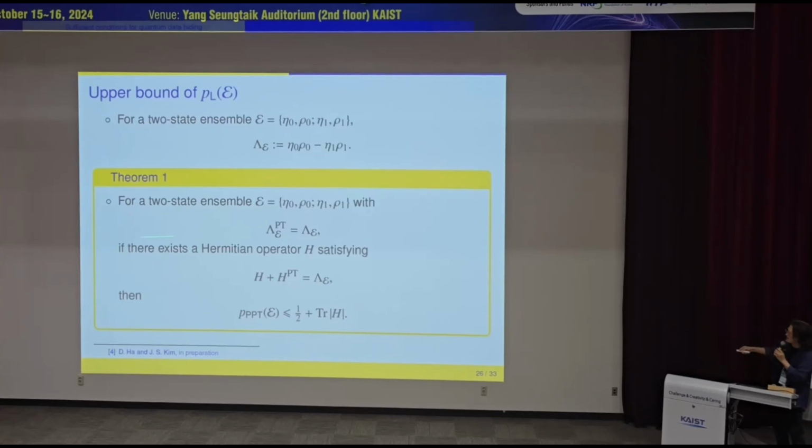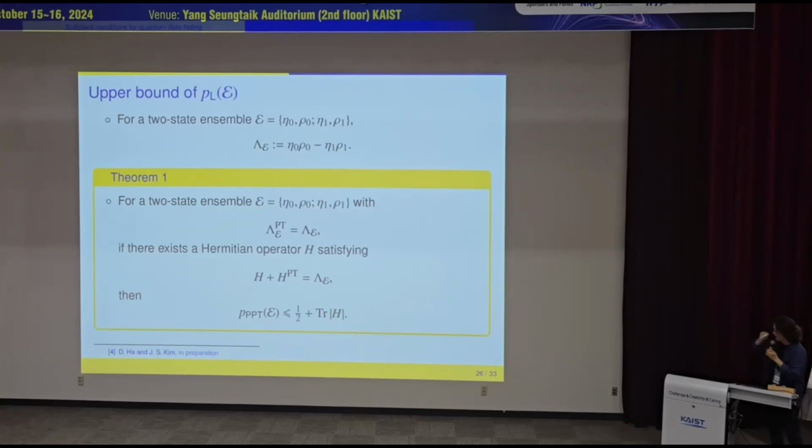You can easily see why these two are equivalent, because if this one is true, then you can use half of lambda_epsilon as H here. And if lambda_epsilon has this decomposition, it's clearly invariant under partial transposition. Then what we could show is that for a two-state ensemble satisfying this property, the P_PPT of epsilon is bounded above by the trace norm of this H together with this half.